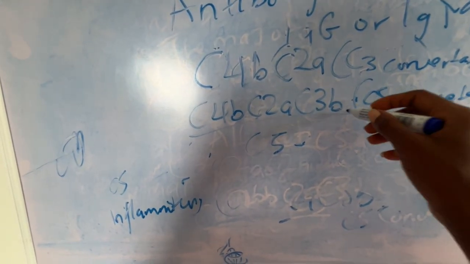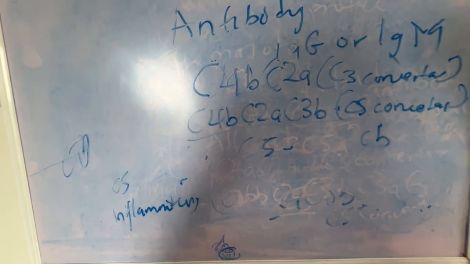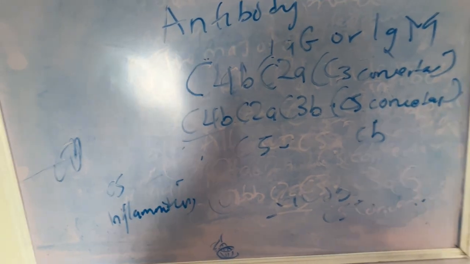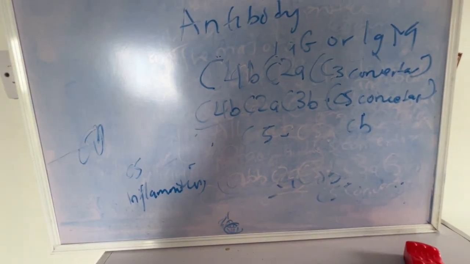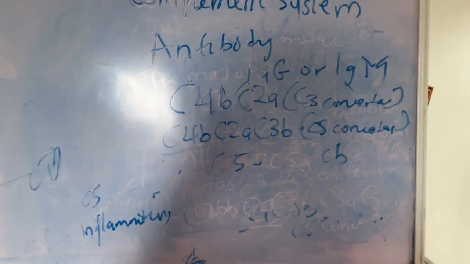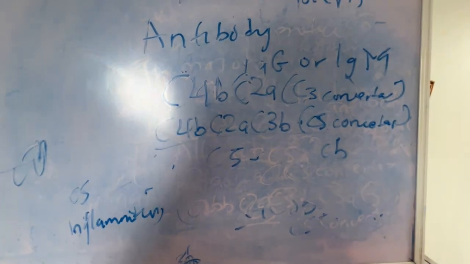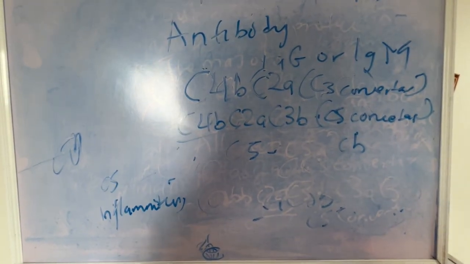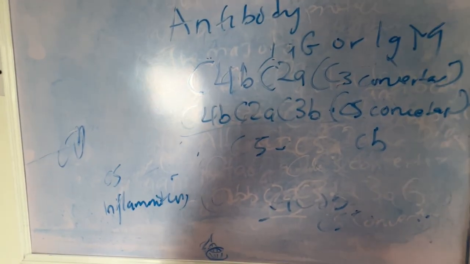This initiates the formation of the membrane attack complex. Remember that the purpose of all this reaction being triggered is to enhance the destruction of the pathogen. So when C5b binds and the membrane attack complex has been initiated, C6 is also cleaved. The same goes for C7, C8, up to C9.